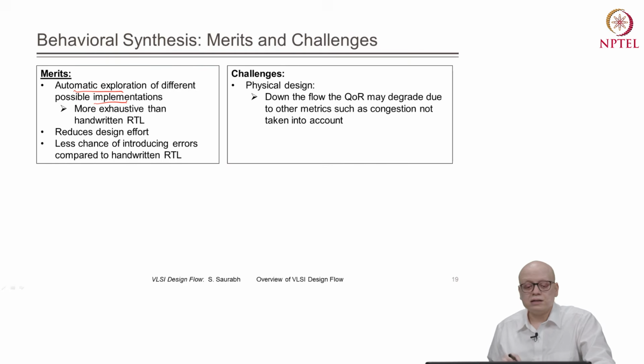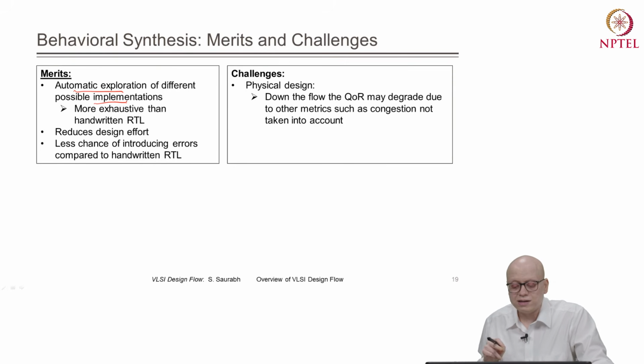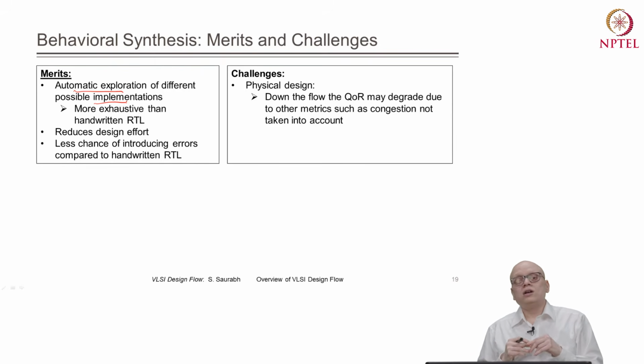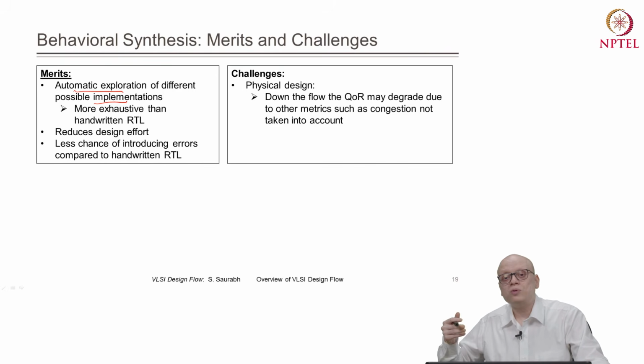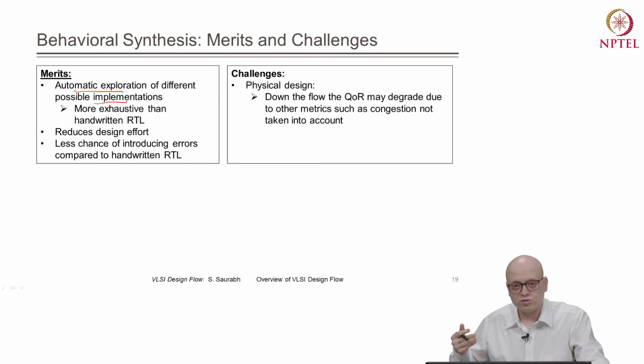And what are the challenges or demerits of this? The first is related to physical design. During system level design, the tool does not know much about the layout and other implementation details, and as such some solutions can be produced which can later be found to be bad in terms of physical design. For example, the behavior synthesis tool can share a resource too much.